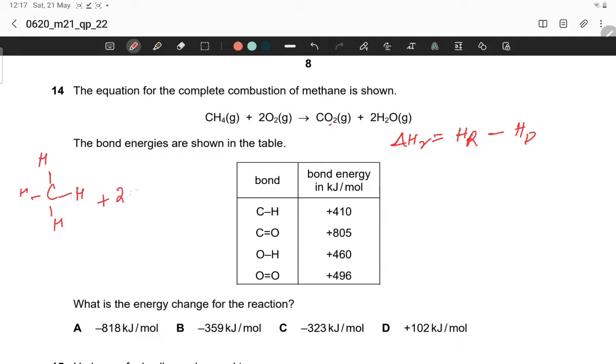Plus, this is product, carbon dioxide, plus.